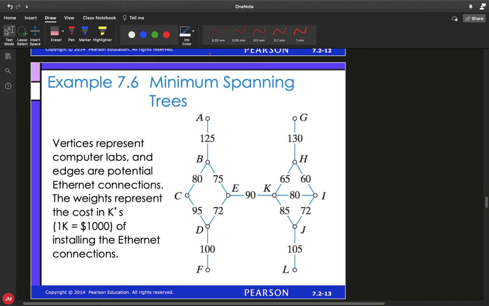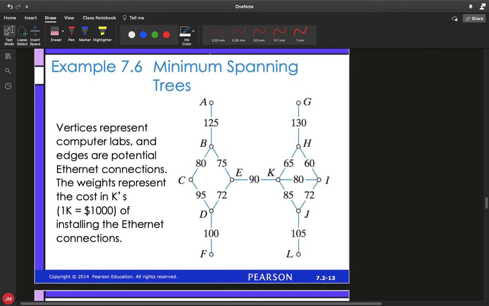And again, remember these represented our computer labs where the edges are our different Ethernet connections, let's assume the weights cost $1,000 for each of the numbers. So in other words, this 90 between E and K represents $90,000 connecting those 2 computer labs with Ethernet connections.